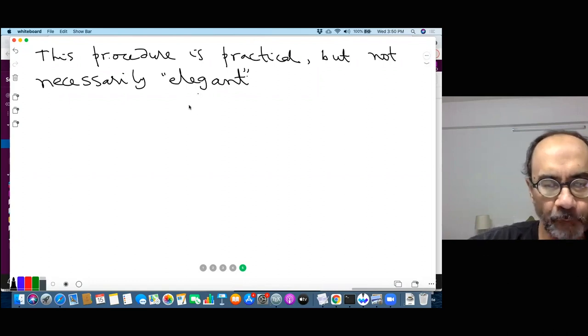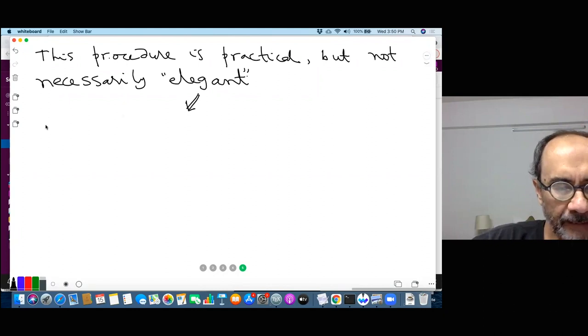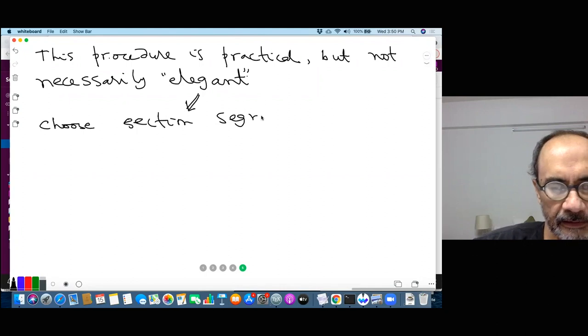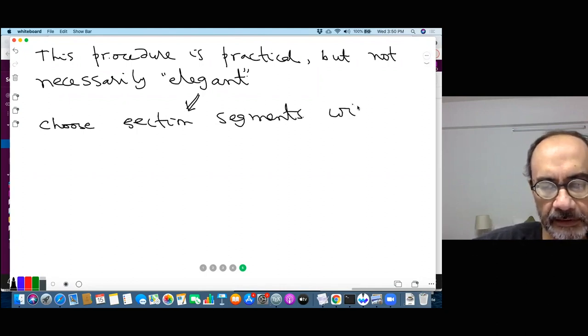Of course, people have tried to make things more elegant by choosing the section segments in a natural way, whatever that means.